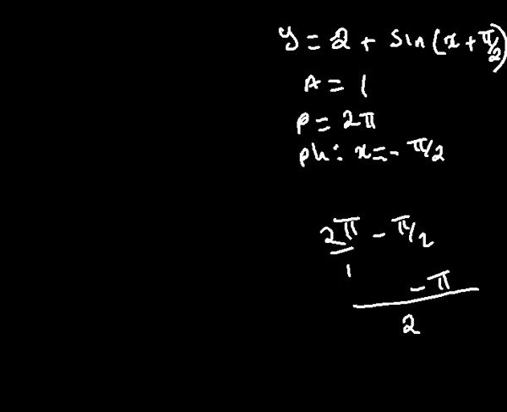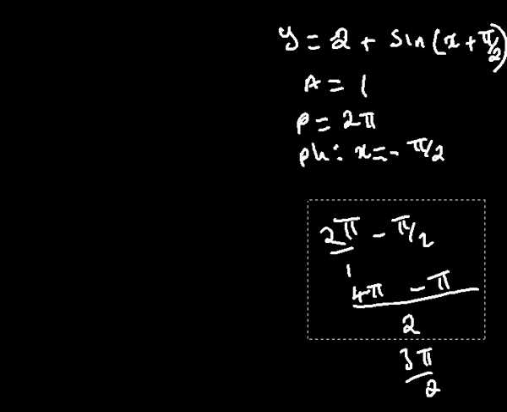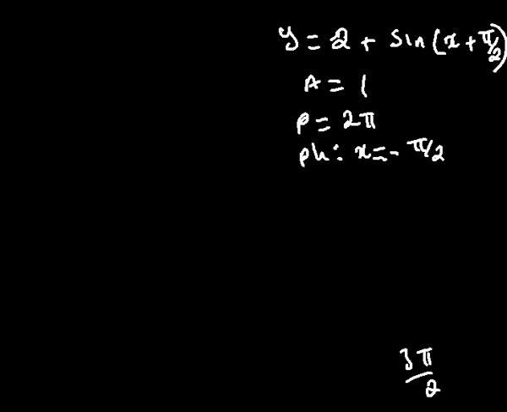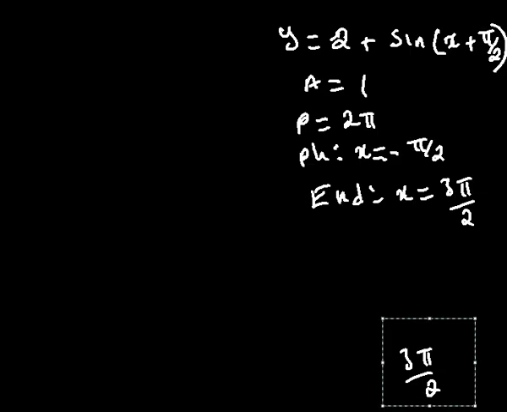That is negative pi plus 4 pi, which gives 3 pi over 2. That is the ending point. So the graph will end at x is equal to 3 pi over 2. Keep that in mind. And now how should you have the graph?